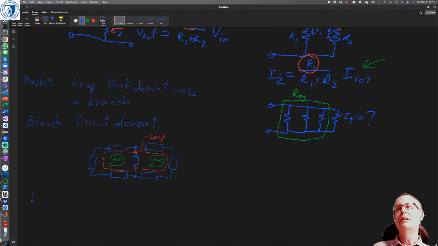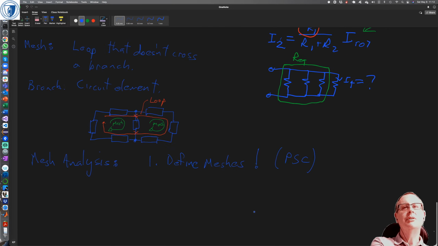So mesh analysis is one. Step one: define the meshes, and make sure you pay attention to the passive sign convention.